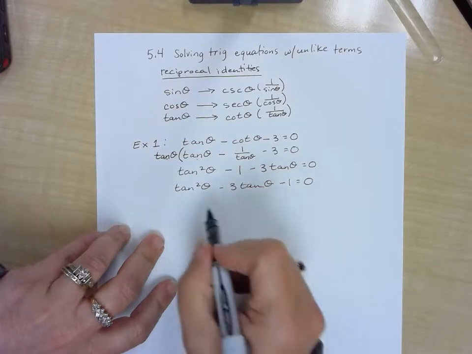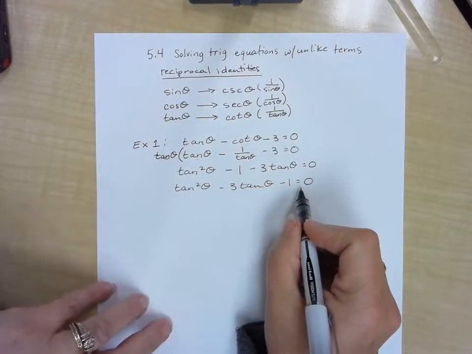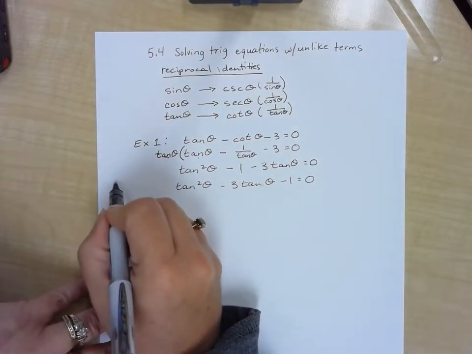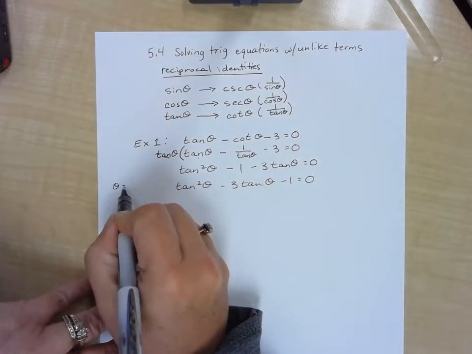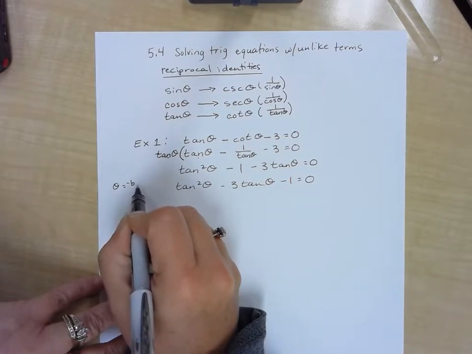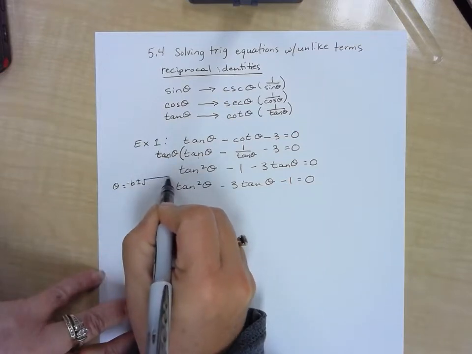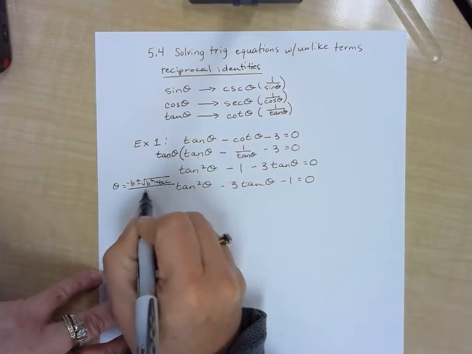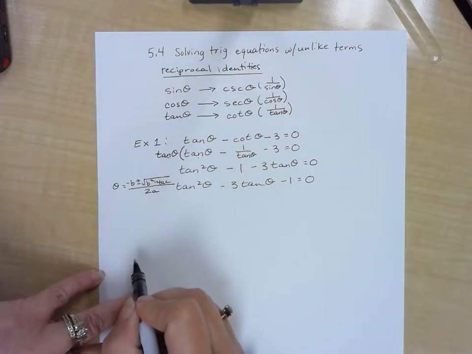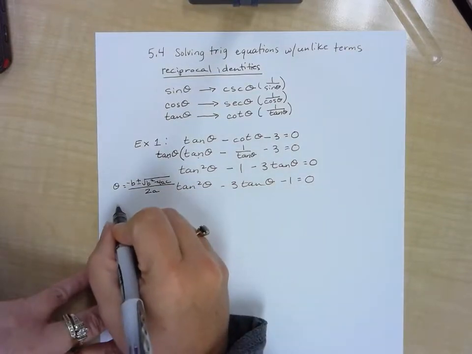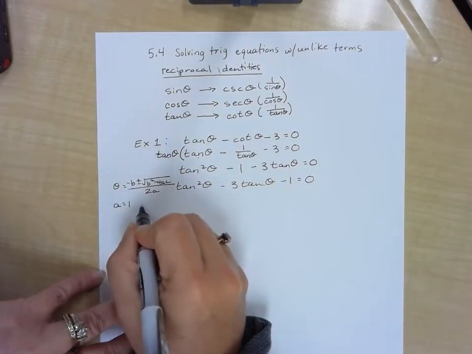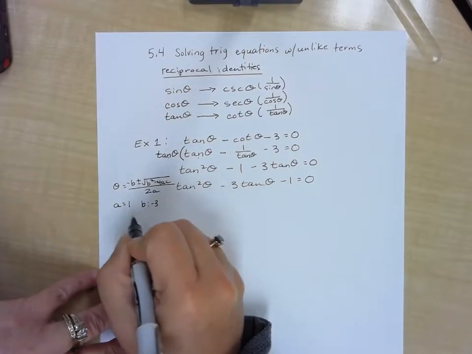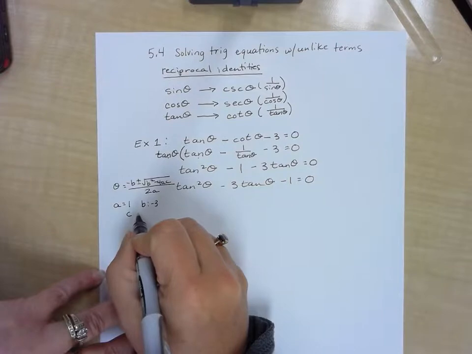And so my next option is to use the quadratic formula. Quadratic formula is negative b plus or minus the square root of b squared minus 4ac all over 2a. So for this equation, my a is 1, b is -3 and c is -1.